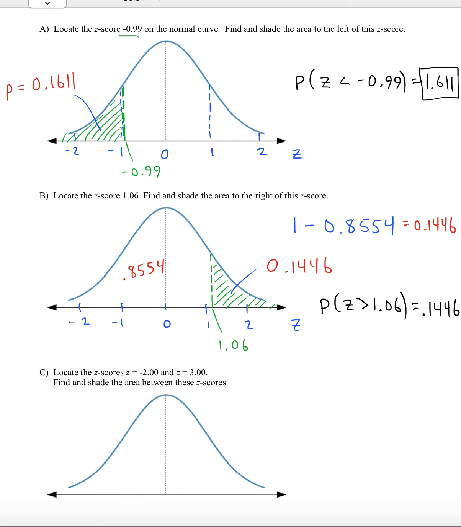All right, and our last one here, we want to see if we can squeeze in 3 standard deviations. Okay, and let's shade the area between a z of -2 and a z of 3.